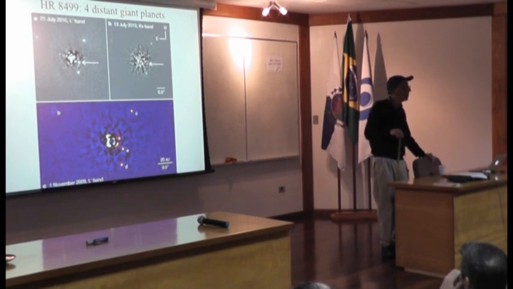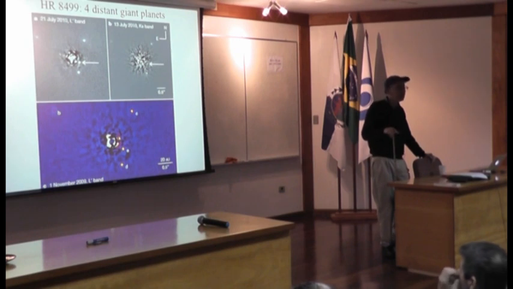And these are all about 5 to 12 Jupiter masses, and they're shining from their own heat, thermal infrared.